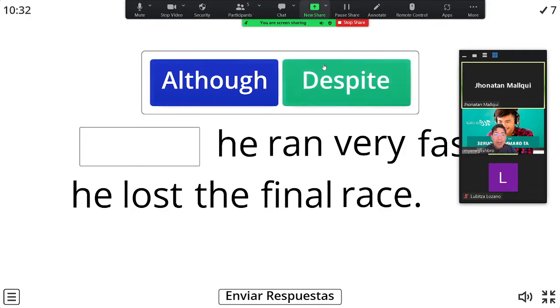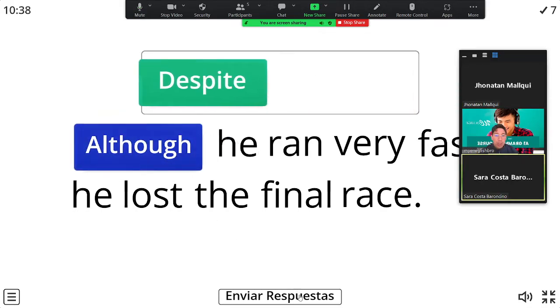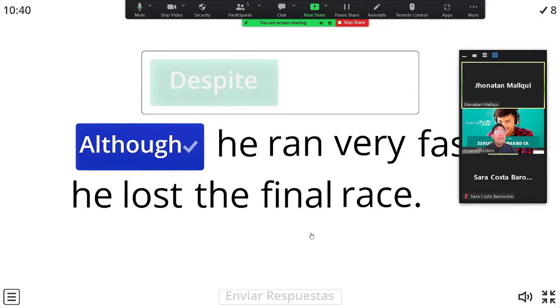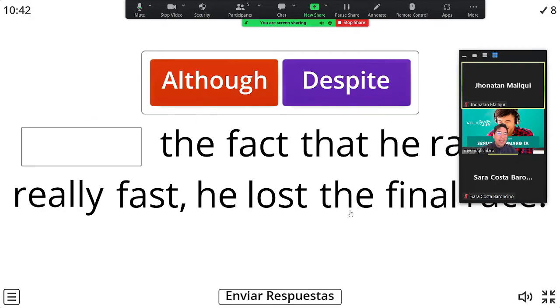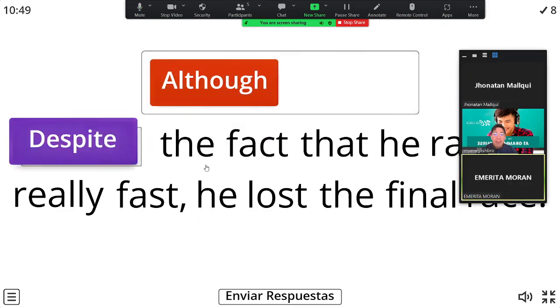Despite. Recuerda que para que vaya despite tiene que ir the fact that. No hay the fact that. Tiene que ser although. Siempre despite e in spite of tiene que acompañarte un the fact that. Aquí, por ejemplo, guys, ¿cuál es la respuesta? Although or despite? Despite, porque tenemos the fact that.